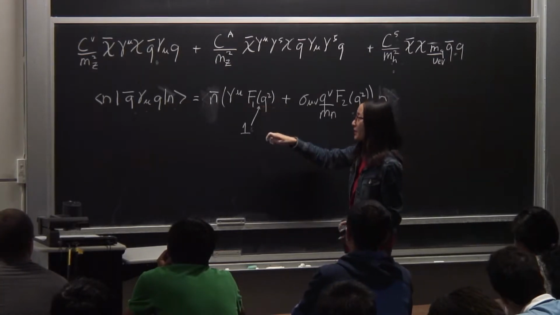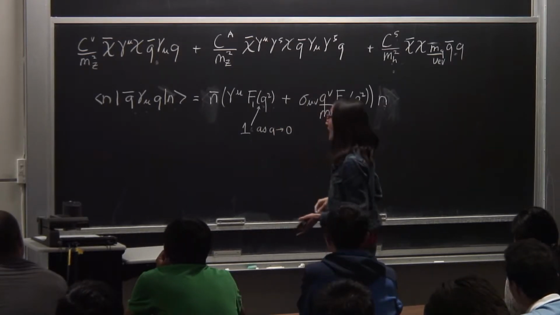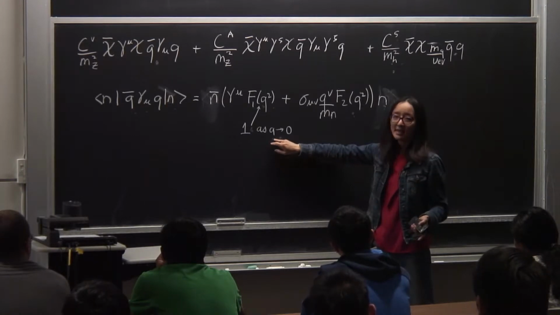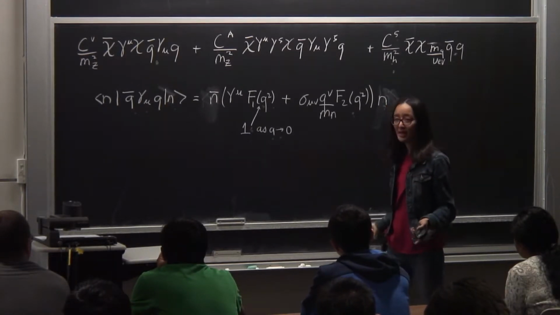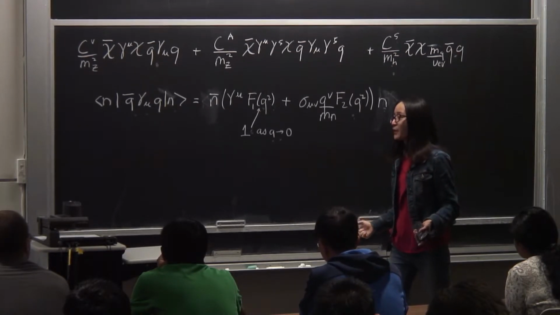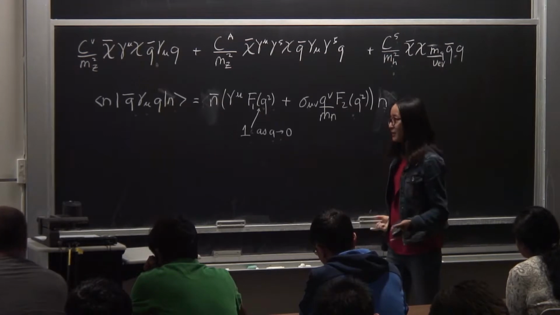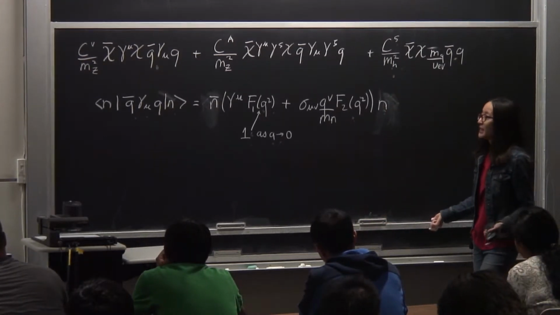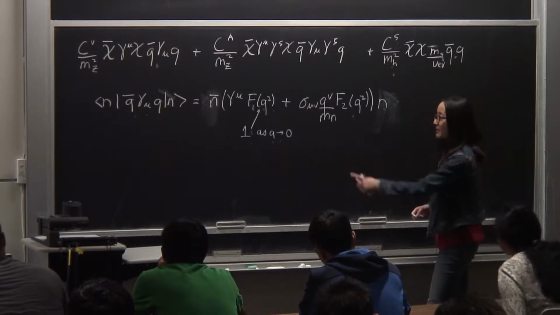I know the behavior of this first form factor. To get the form factor away from Q going to 0 requires, as far as I know, lattice calculations. There are people working on this. But for most purposes, typically it's a good approximation to take Q going to 0. Again, that's because everything we're looking at is pretty non-relativistic.